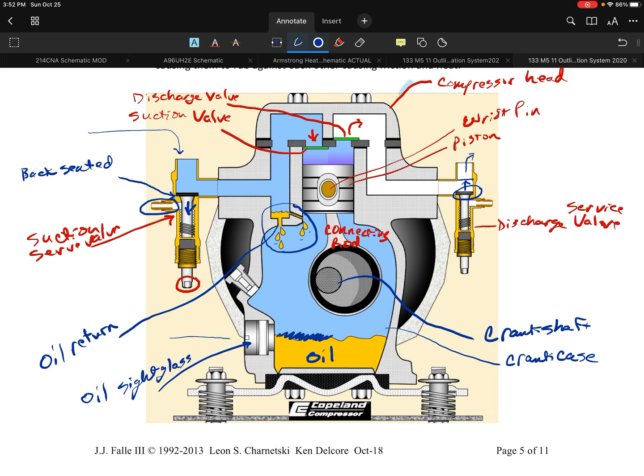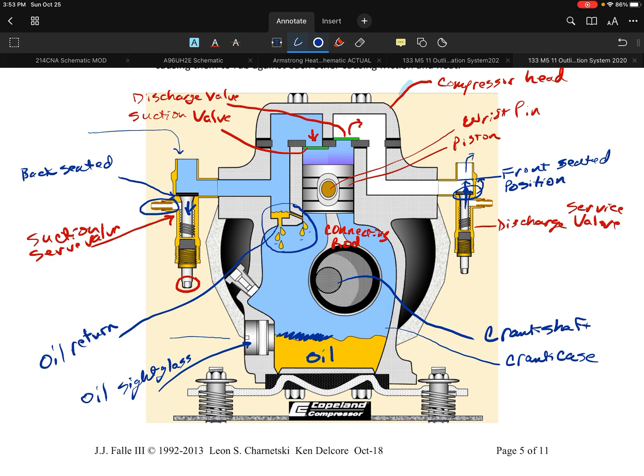Now, the problem with that is if we move this all the way into that position, there's now no place for the refrigerant to go. So if this seat would be moved up to this spot, that would actually be what we call front seated. And what would be happening is we would be blocking off that discharge line. That's a serious problem to have.